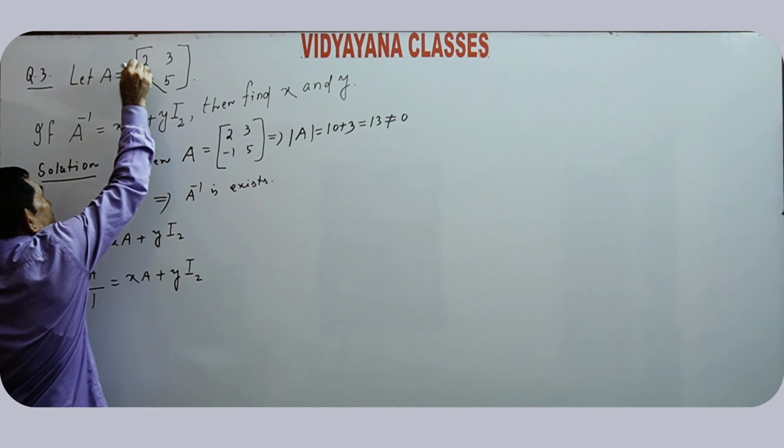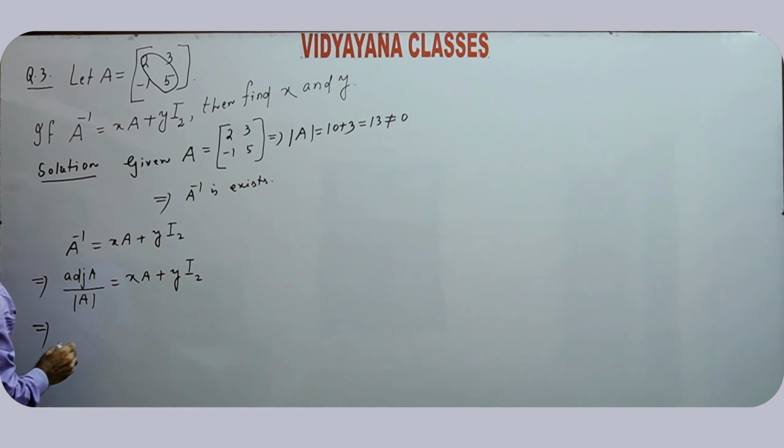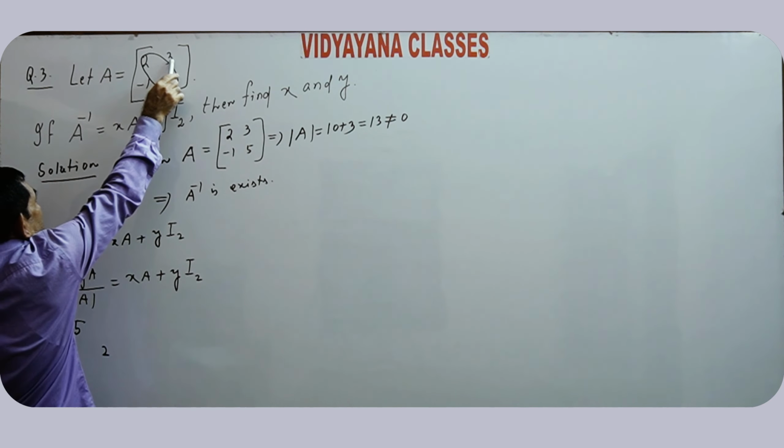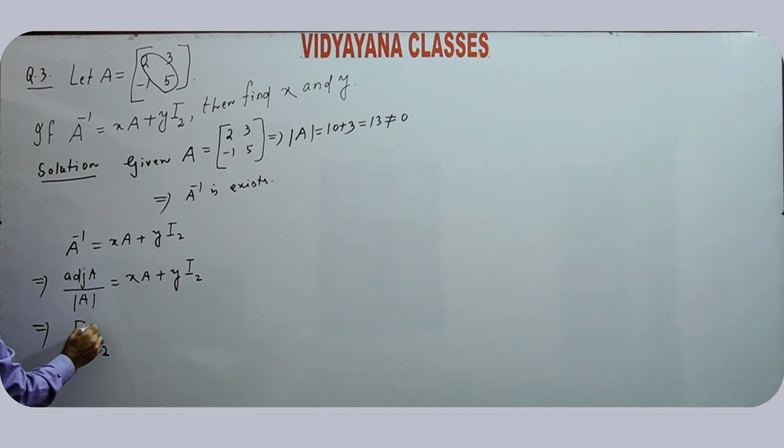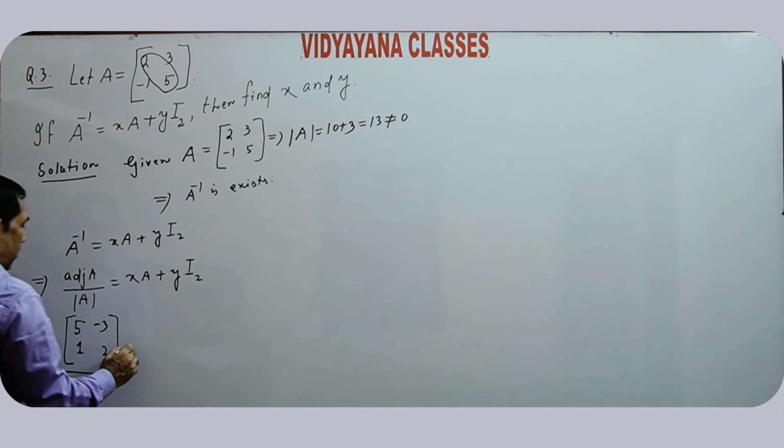Place interchange of the diagonal elements. It gives 5, 2. Sign change of 3 and minus 1. It is a minus 3 and 1. Divided by A determinant is equal to 13.